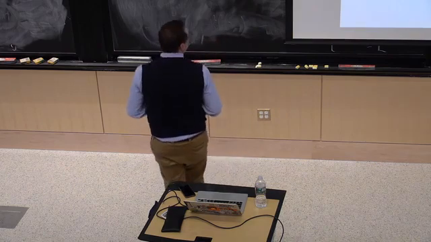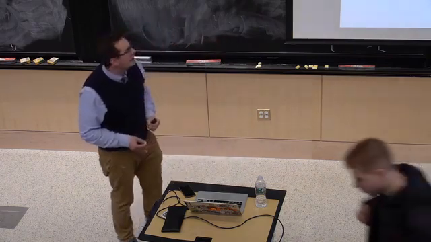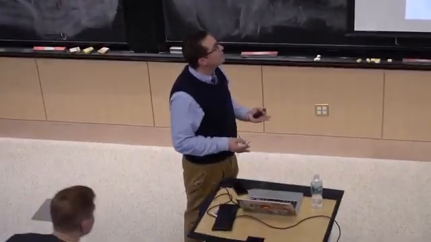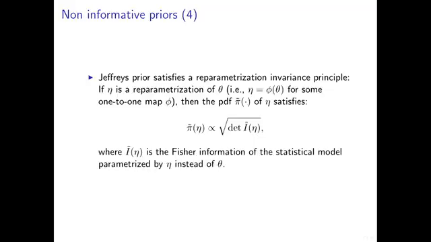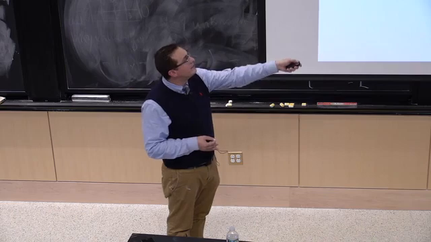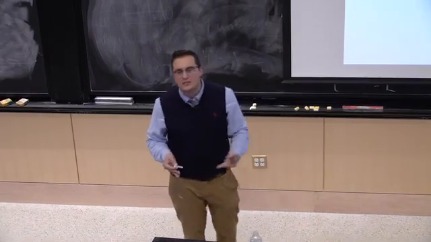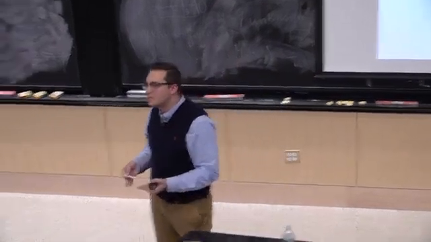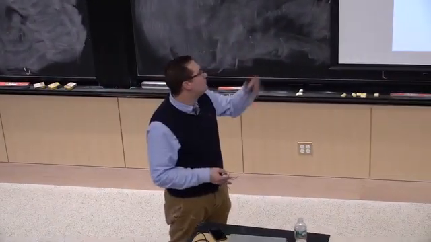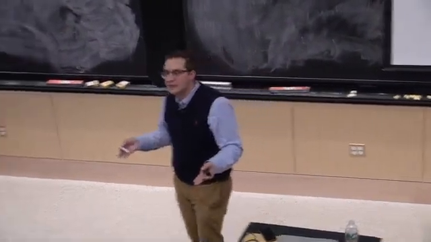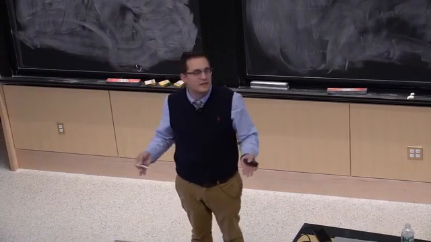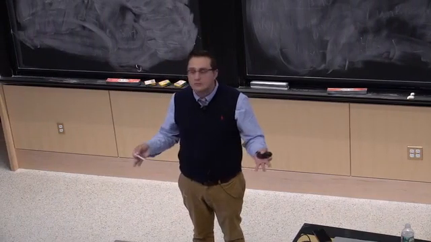All right, so we basically left off on this slide where we saw that Jeffreys priors satisfy a reparameterization property. They're invariant by transformation of your parameter, which is a desirable property. In a way, it says that if I have my prior on theta, and then I suddenly decide that theta is not the parameter I want to use, and what I want is phi of theta, think, for example, of theta being the mean of a Gaussian, and phi of theta being this mean cubed.